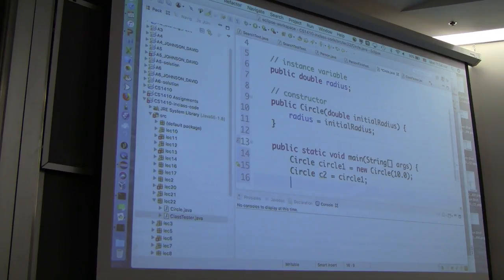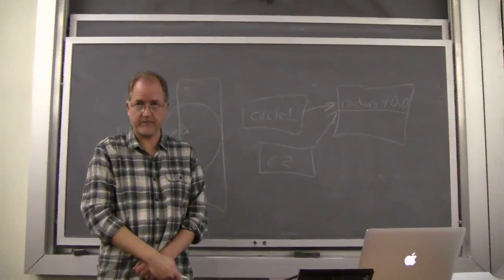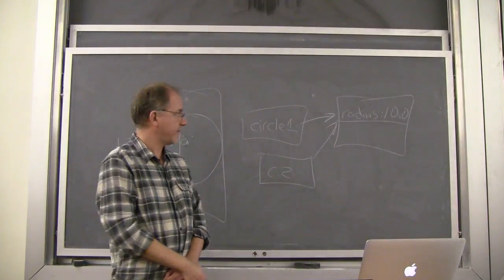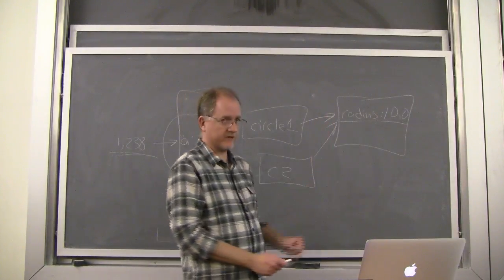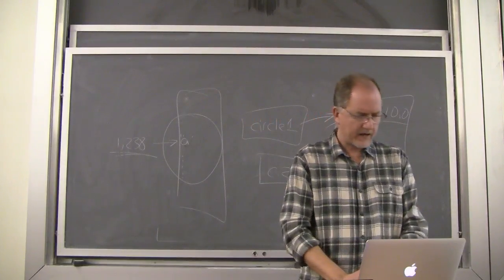I've not made a new circle object here. I've made a new reference to a circle that happens to reference the same object that circle1 references, right? That's what that kind of assignment does for us. It doesn't make a new object. It just says, I also want to reference that object. Okay.